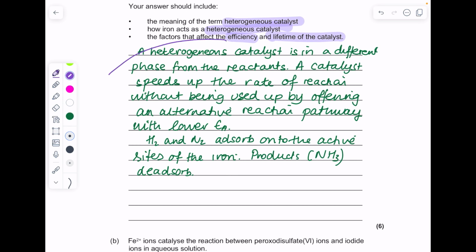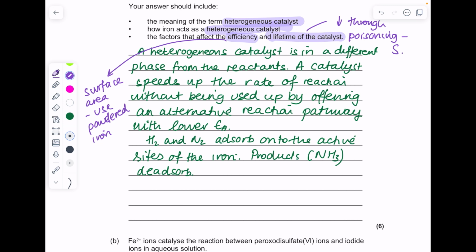Just going to summarise that. Surface area: you want to use powdered iron ideally. The lifetime can be reduced through poisoning. We mentioned that it was the sulfur doing the poisoning in the Haber process.